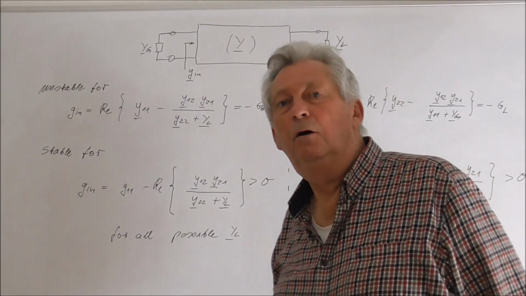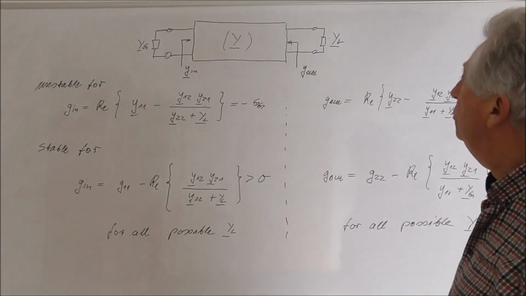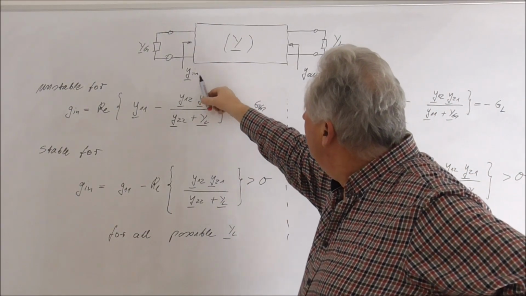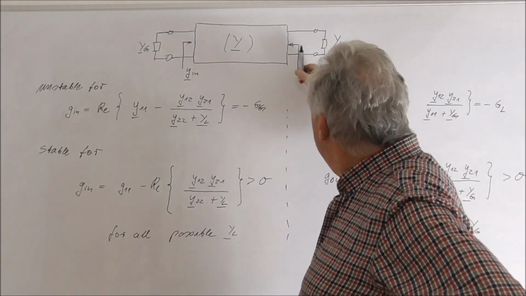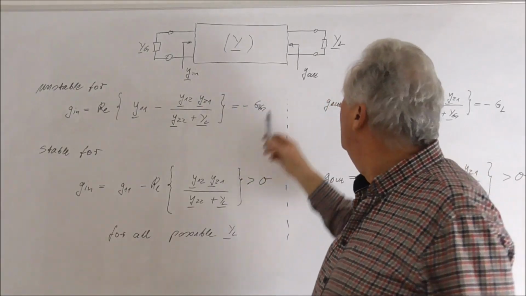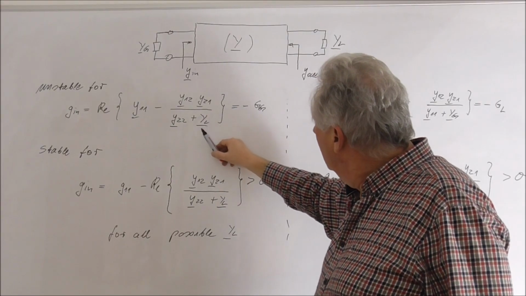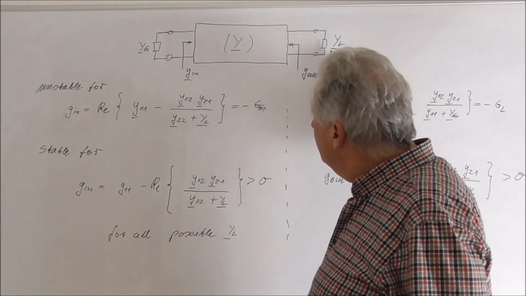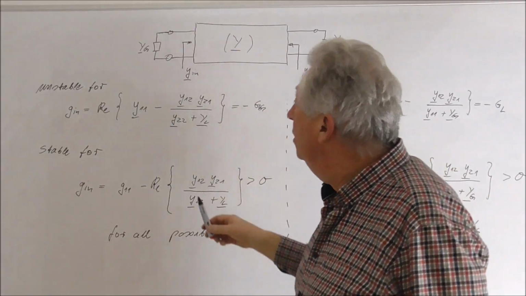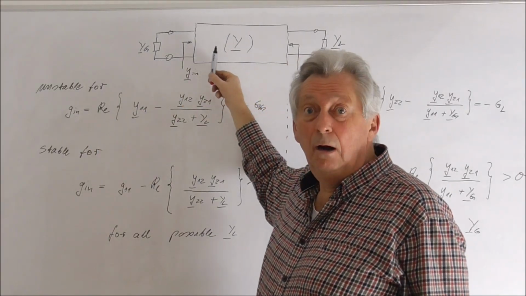To go on in our consideration, we now have a look again at our configuration, and here I again sketched the input admittance and here the output admittance, and of course this input admittance will always be a function of the load admittance at the output. So this load admittance at the output will also influence the conductance I see into our two-port.